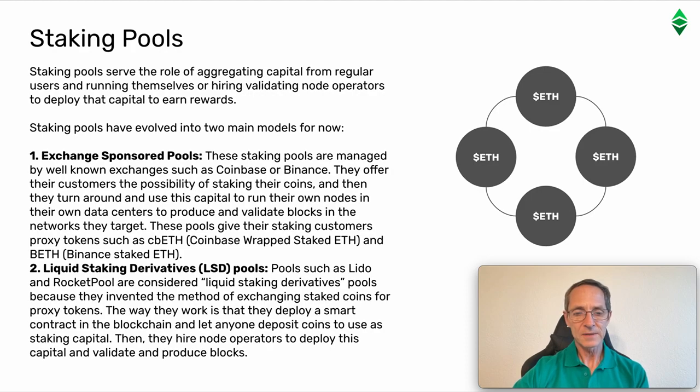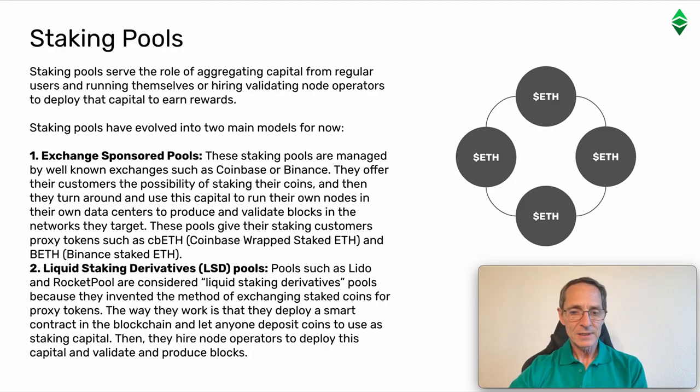They offer their customers the possibility of staking their coins, and then they turn around and use this capital to run their own nodes in their own data center to produce and validate blocks in the networks they target. These pools give their staking customers proxy tokens such as cbETH, the Coinbase wrapped staked ETH, and BETH, Binance staked ETH.